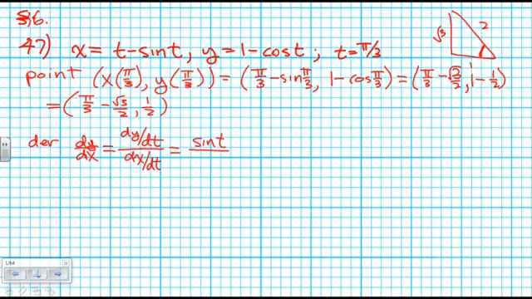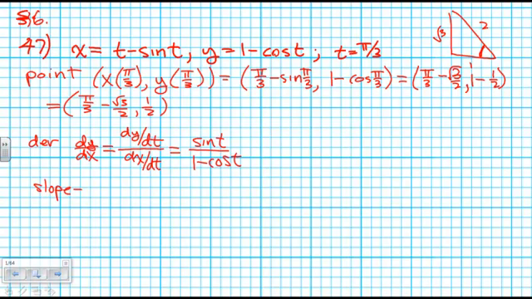Now we look at our x equation and say, what is the derivative of x with respect to t? The derivative of t is 1. The derivative of negative sine is negative cosine. So there's my derivative dy/dx. Let's parlay that into what the slope is going to be.